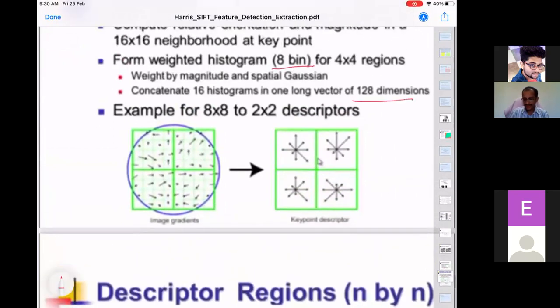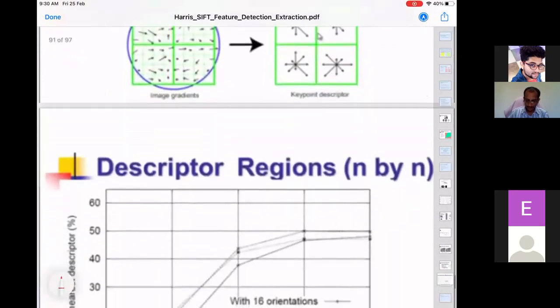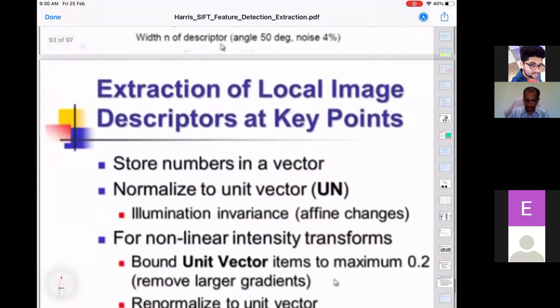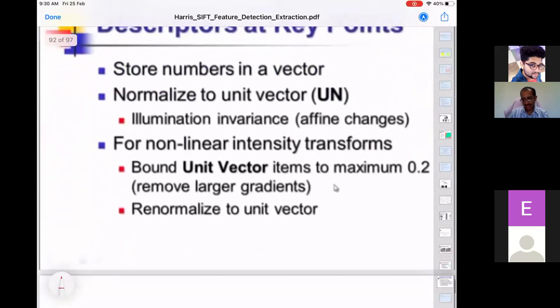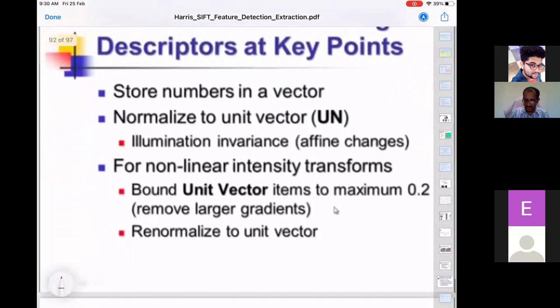So you can see the exact details of how they got the 128 dimensional key point descriptor. They also investigated how many bins to consider in HOG, and how much region to consider around the key point.